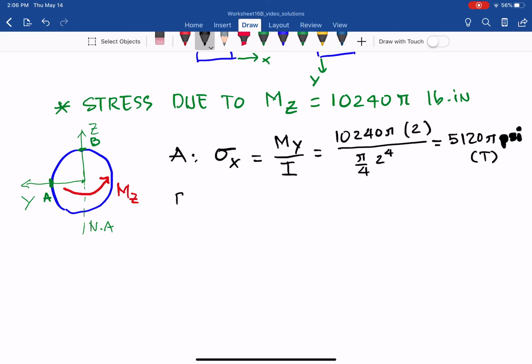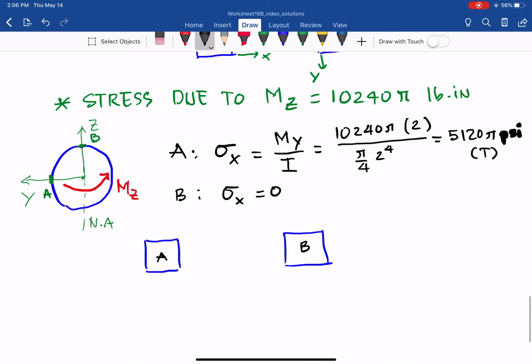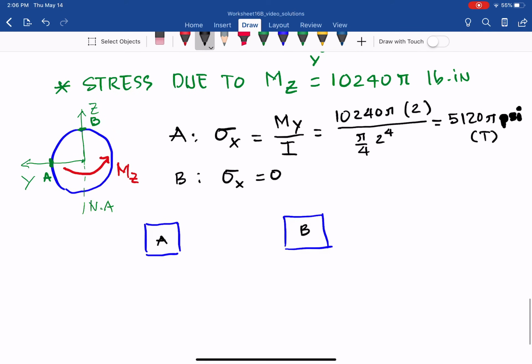And of course at B we have sigma equal to 0 because it goes through the neutral axis. So from that we draw the stress block for these scenarios A, B, and as you can see it's a lengthy process.